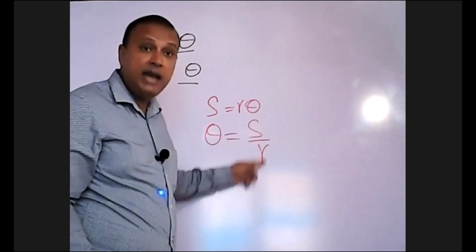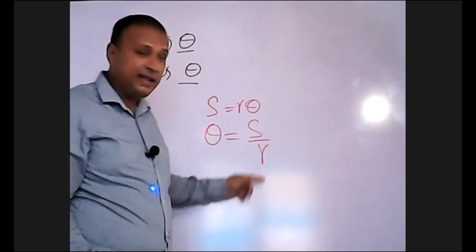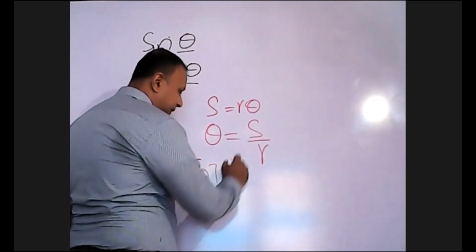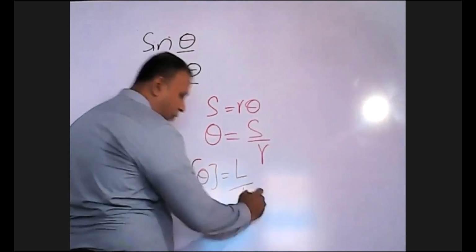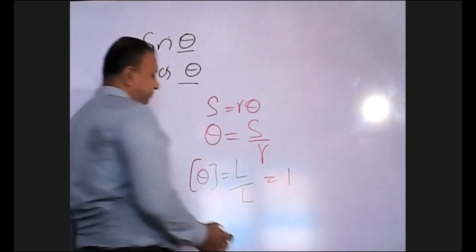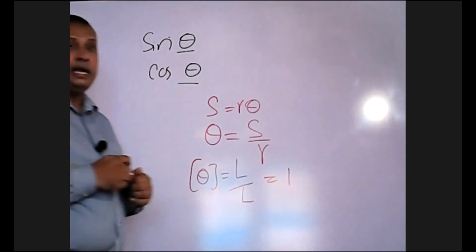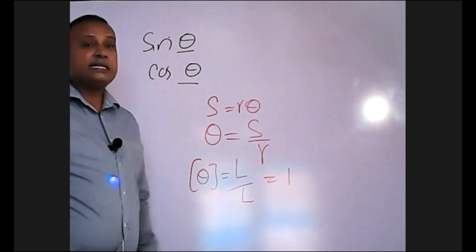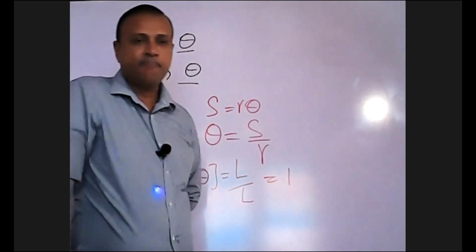Both are lengths. So the dimension of theta is L over L, which means 1. Therefore, an angle does not have a dimension.